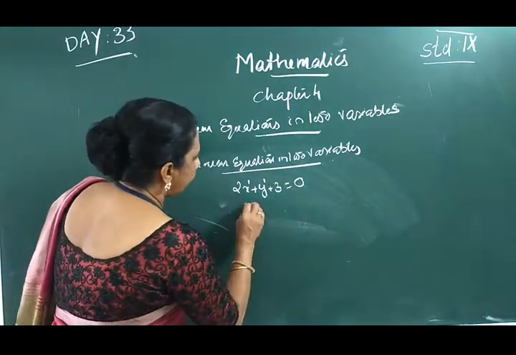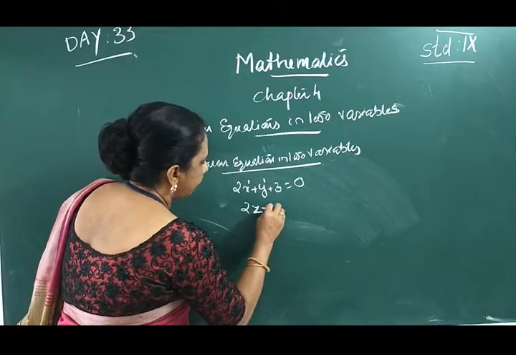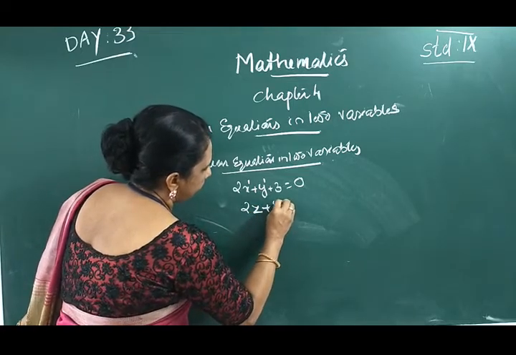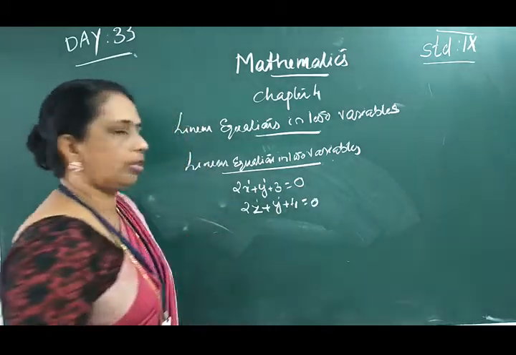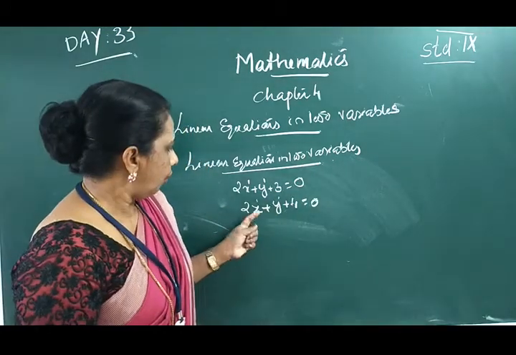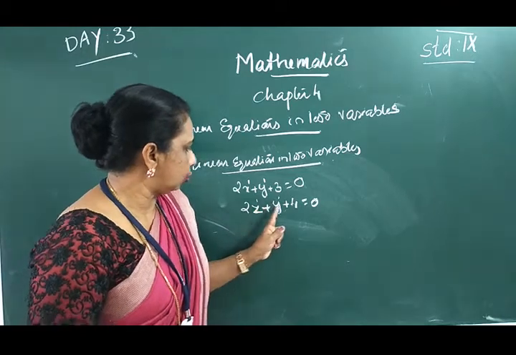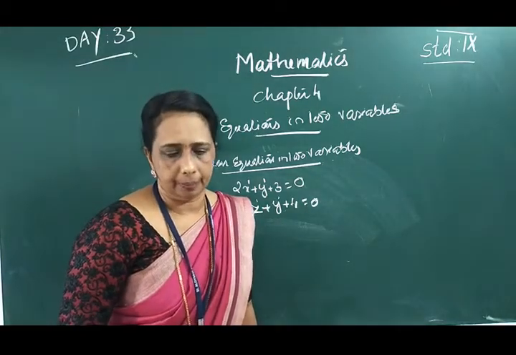One more example. Here the power of the variable is 1. This is also a linear equation in two variables, z and y.